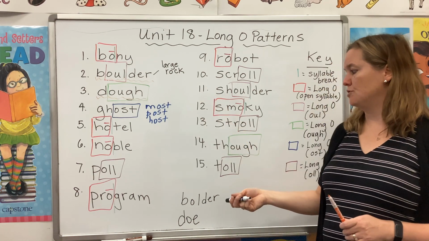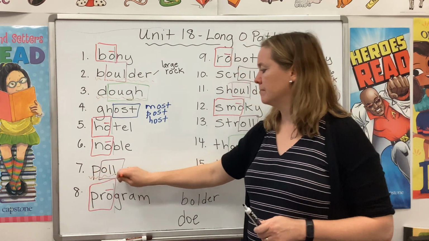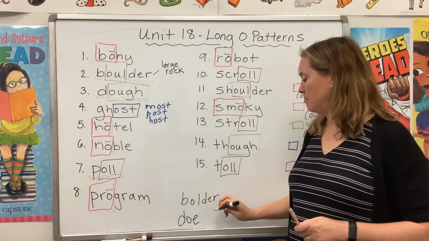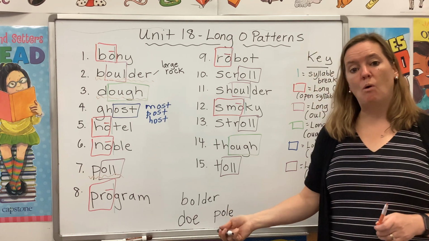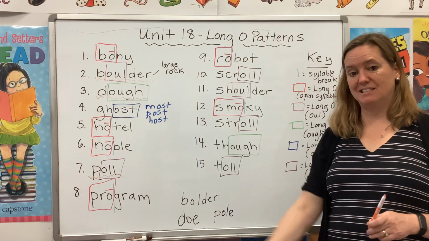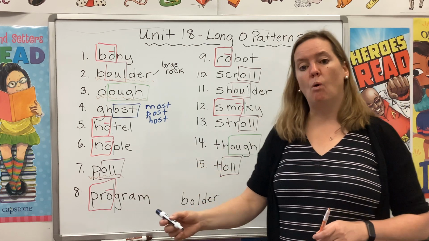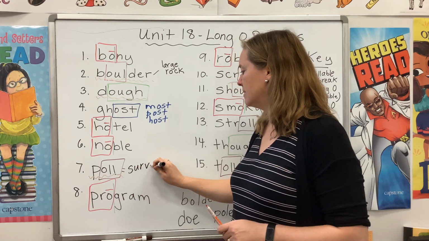Dough and doe. Pole is another homophone. The most common meaning of pole is P-O-L-E, like a flag pole or a telephone pole, something that sticks up out of the ground. But this kind of poll would be like a survey.